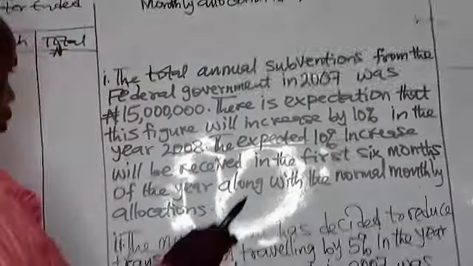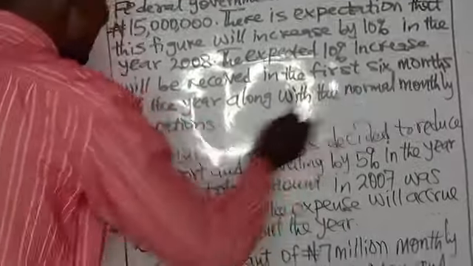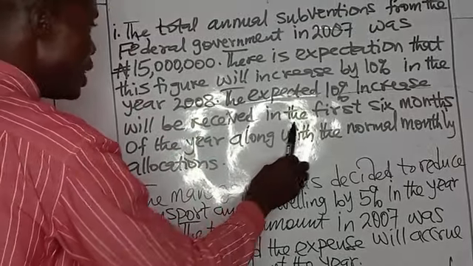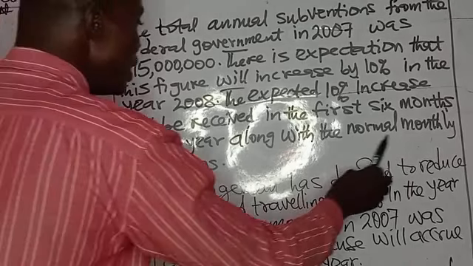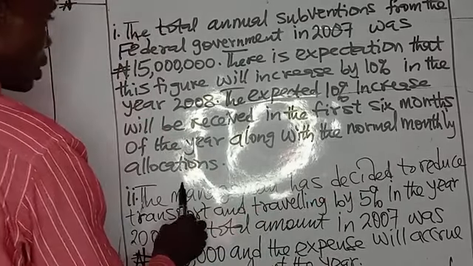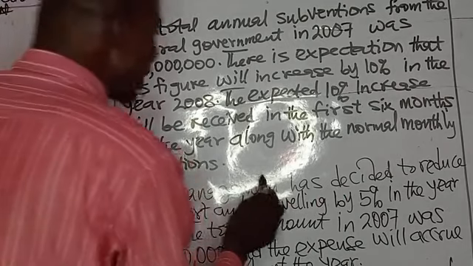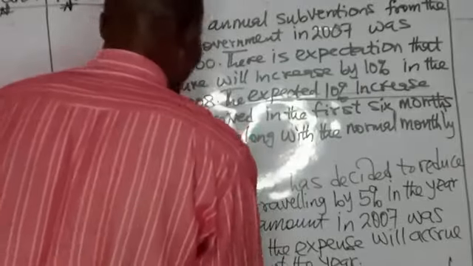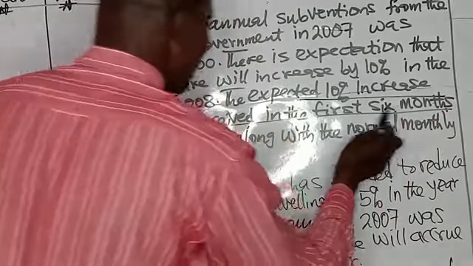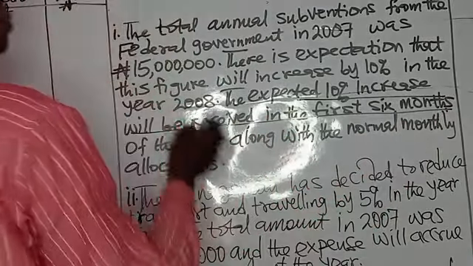And you were told that the expected 10% increase will be received in the first 6 months of the year, along with the normal monthly allocations. The monthly allocations have been calculated, but the 10% increase will be received in the first 6 months. How much will be received per month? Increase now.